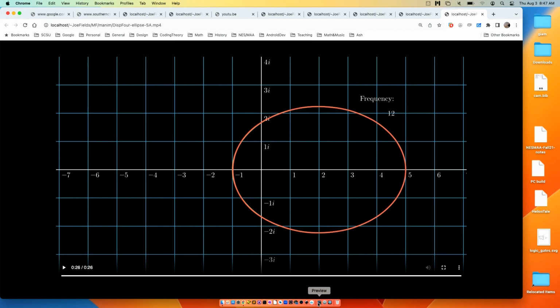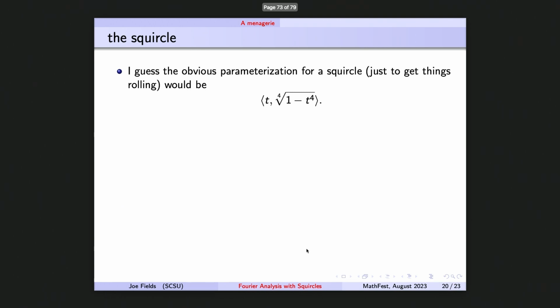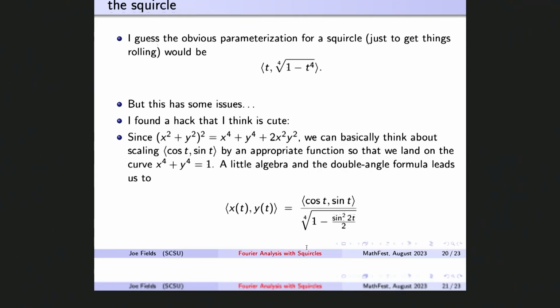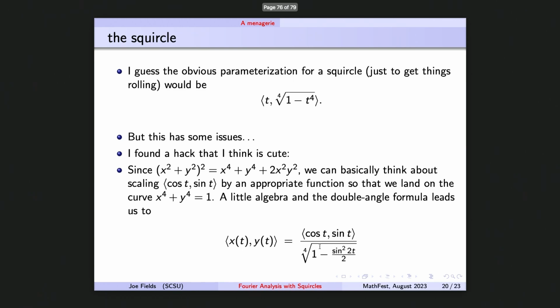So then the thing we're actually all interested in is what do you do with a squircle? The obvious parameterization would be this one to start with, I think, but it's really bad. It breaks the speed of light anywhere near -1 and +1, which we all know isn't good. And I found this kind of cute hack, just to get things started.